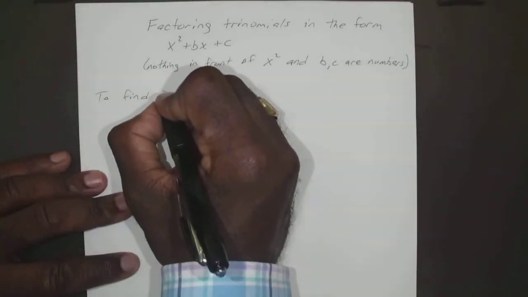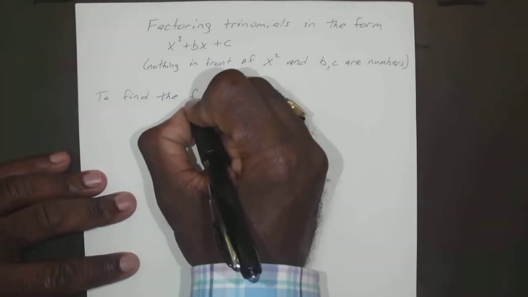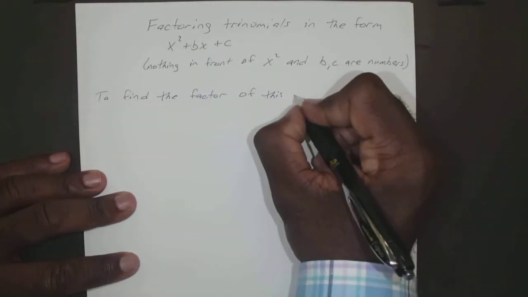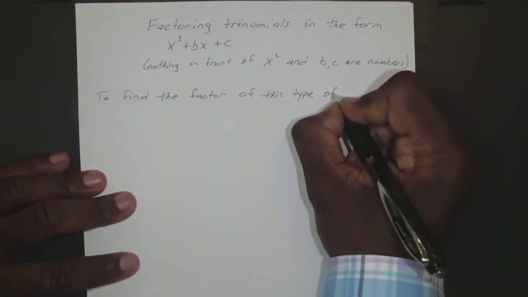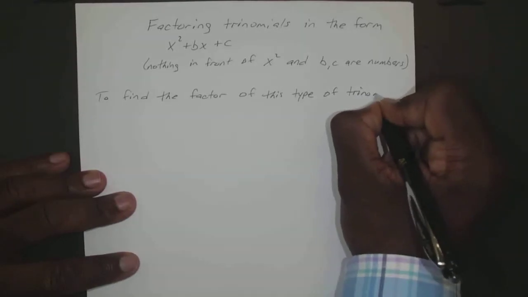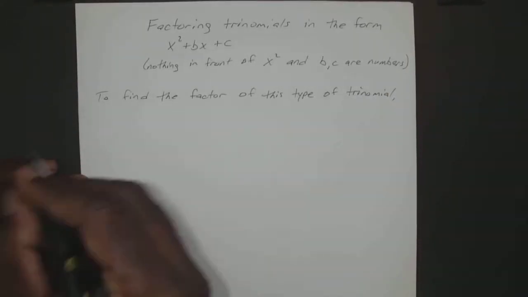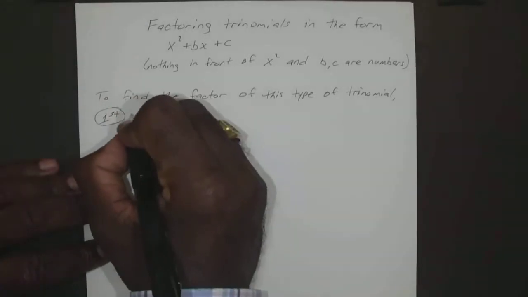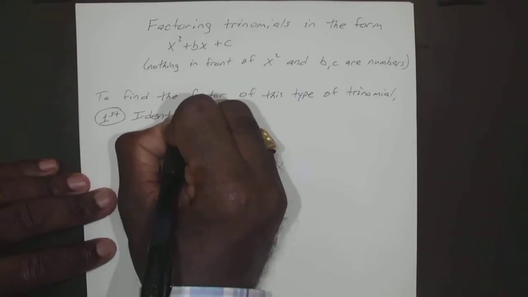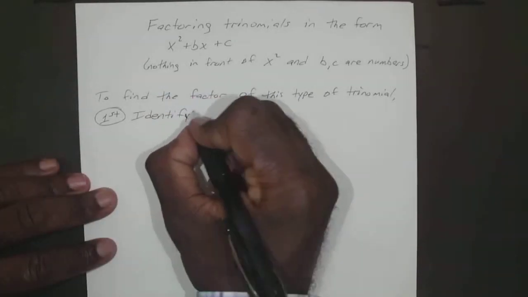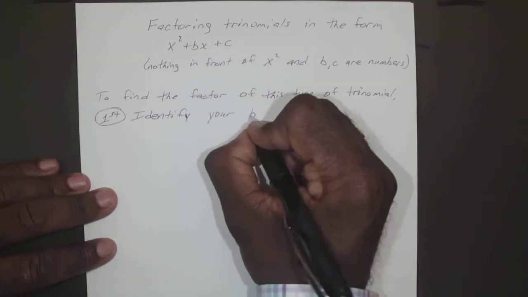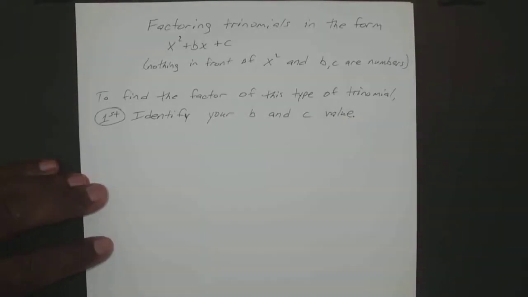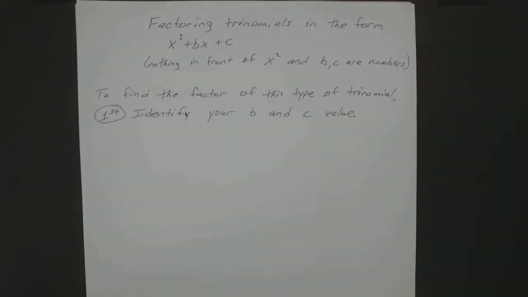Okay, so to factor this type of trinomial, first, you want to identify your B and C values. And I'll show you all of these in the steps.